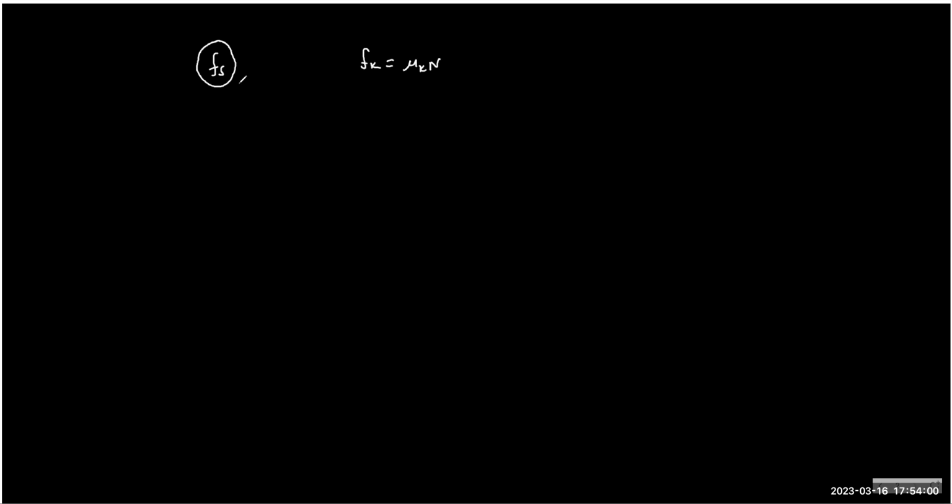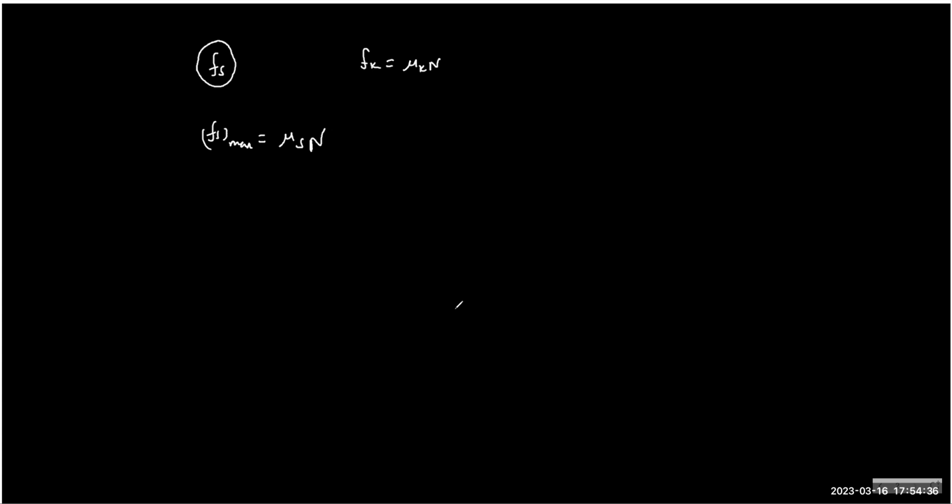But Fs max has a well-defined formula, which is mu into N. In every question where you come across words like minimum or maximum, like what is the minimum force to move the block, or what is the maximum force which cannot move the block, they reach a critical situation.